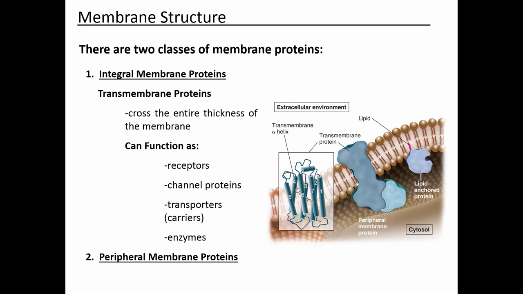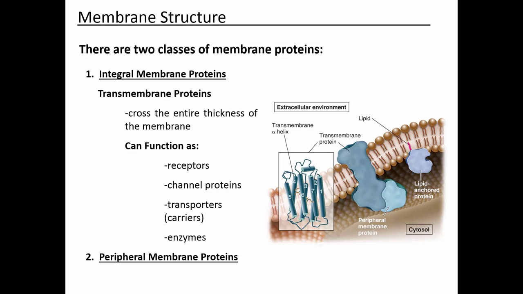If the protein has part of it in contact with the hydrophobic core, we would say it's embedded, and it's an integral membrane protein. If a protein is simply associated with the membrane in some fashion, but doesn't have any part of it in contact with the hydrophobic core, then it's a peripheral membrane protein.